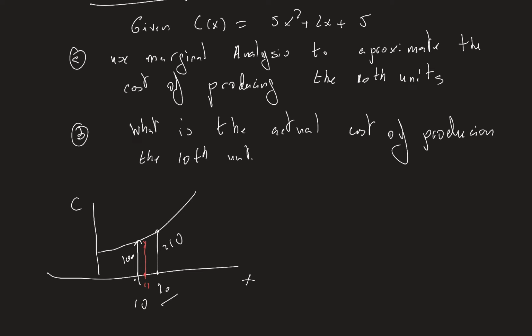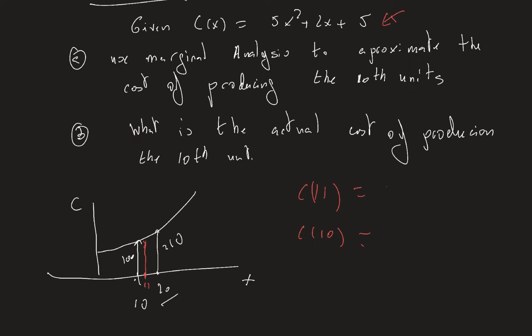We know how much is the cost to produce the whole 11 units. You just plug in 11 and you know the cost of producing 11 units. To produce 10 units, you plug in the 10 and you will have the cost of producing 10 units.